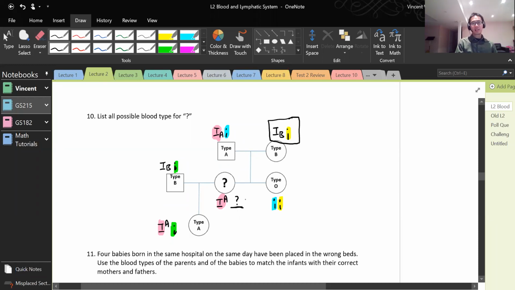We have no idea which one got passed on, right? This can be IB or small i. Because they only have one kid, and that kid inherited the IA. There's no information about this other one. So it could be IB or small i, and the possible blood type could be AB or type A.